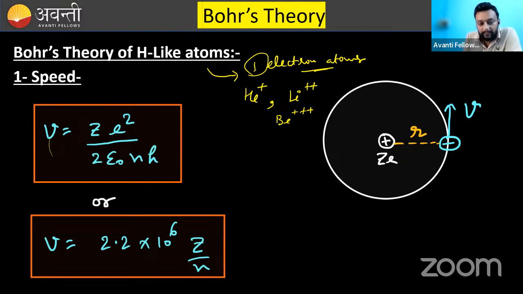Next, if I place all these values, out of which epsilon naught is a constant, h is a constant, the charge of the electron is a constant, 2 is a constant, it comes out to be 2.2 into 10 raised to the power 6 Z by n, where n is the number of the orbit, generally called the principal quantum number.